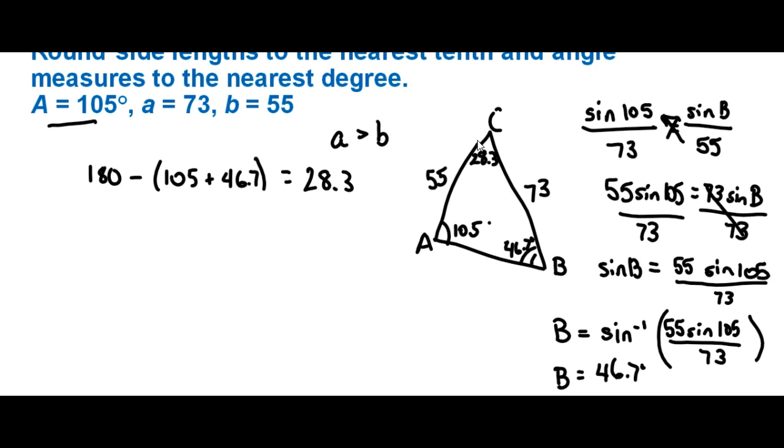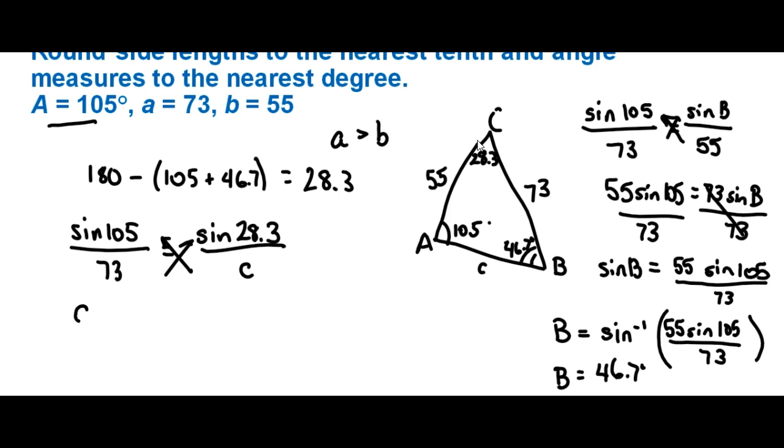So for the third side, which would be little c, we can use anything. Why don't we just keep with sine of 105 over 73 equals sine of 28.3 over side C. Cross multiply: C times sine of 105 equals 73 sine of 28.3.